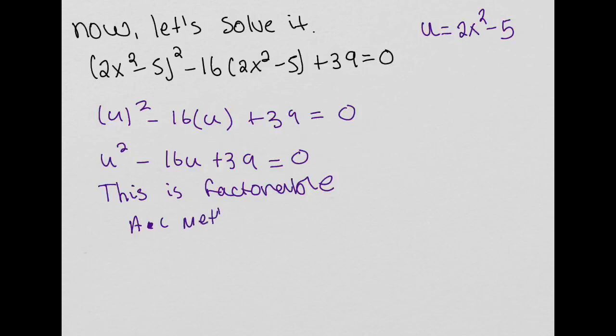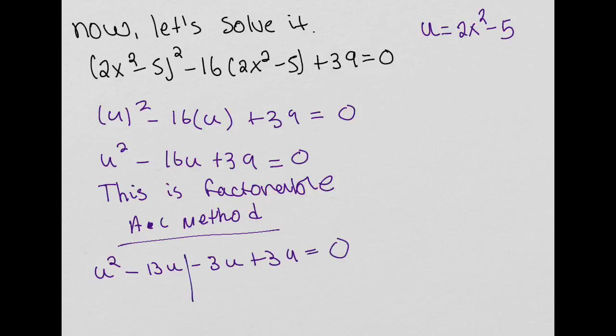I always use the same method. So I'm going to say u squared minus 13u minus 3u plus 39 equals 0. Split it down the middle. These two have in common a u minus 13. These two are divisible by 3.